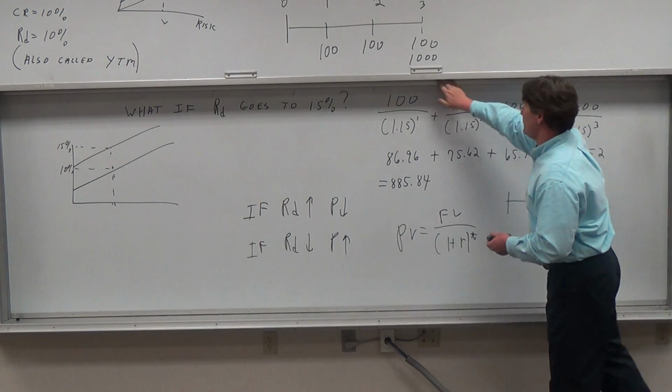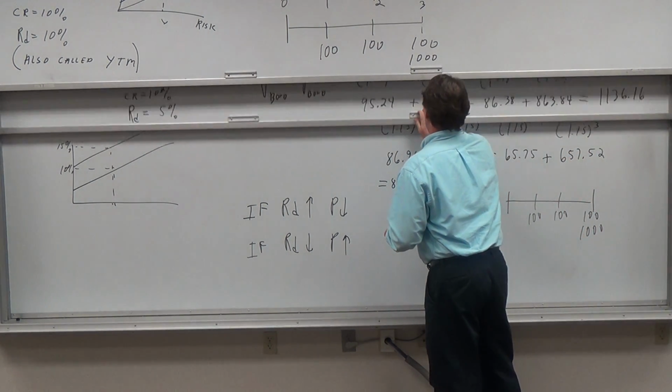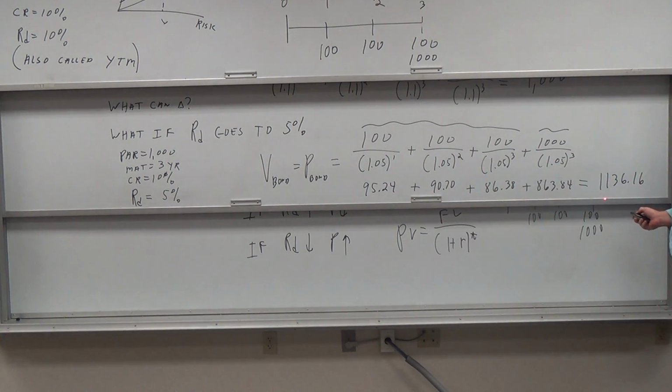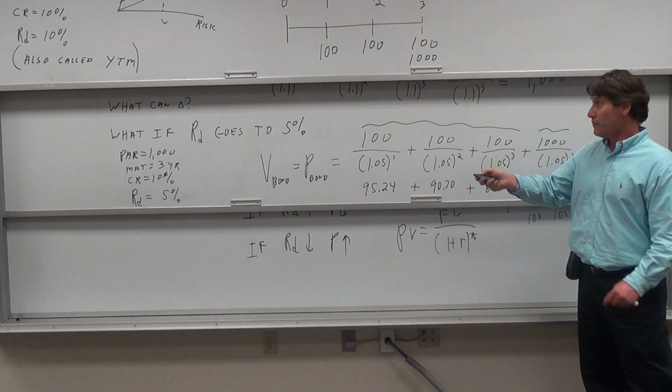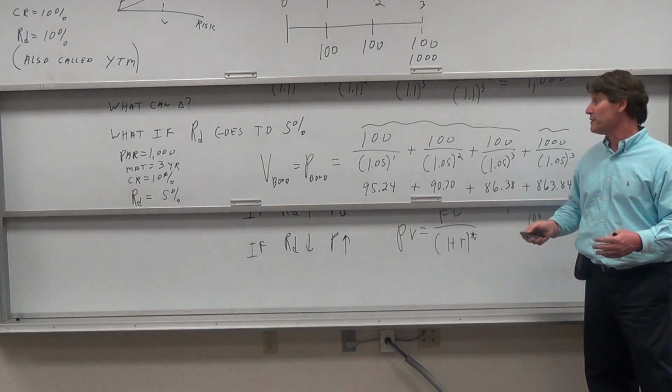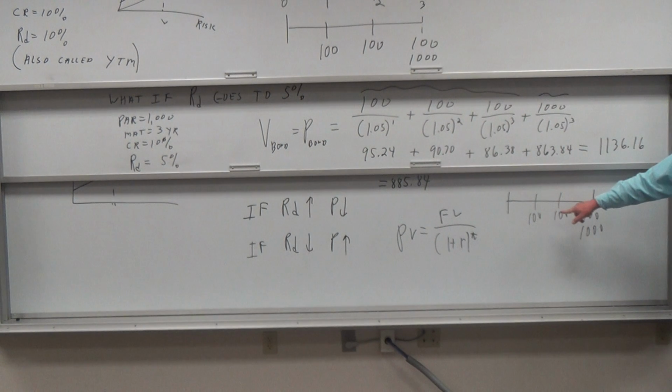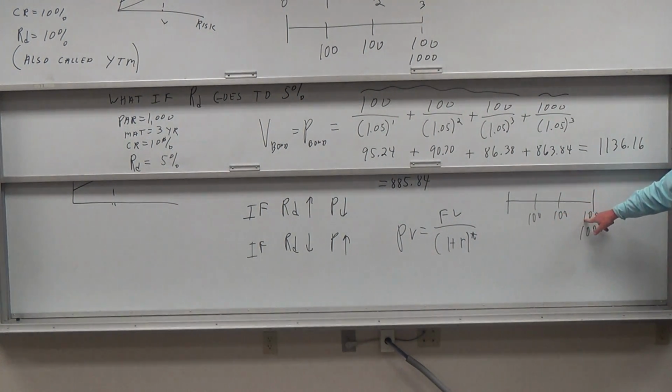Before, when we paid $1,136, this bond was given 10% and the market only wants 5%. What's happening is every year they are getting too much, right? And so they're going to get $1,000 back at maturity when they paid $1,136 for it.